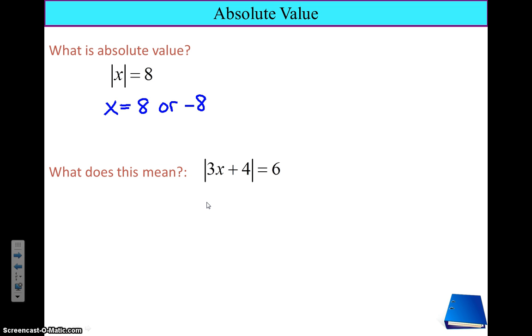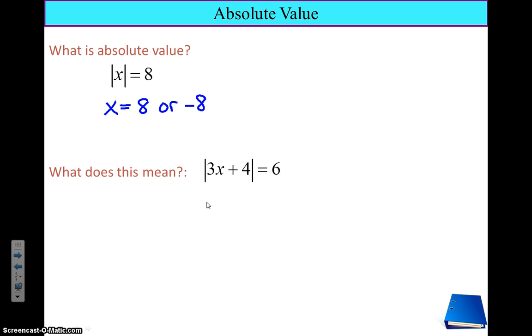So when we're talking about absolute value, we are talking about finding a value that is a distance from 0. So for this problem here, this is saying what x values are a distance of 8 from 0? Well, there's two numbers that are 8 away from 0, positive 8 and negative 8.